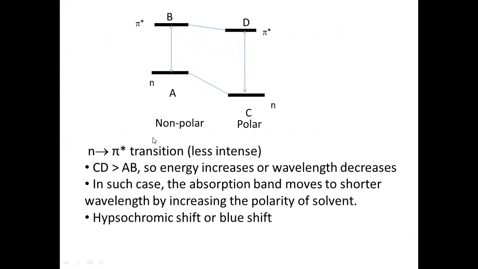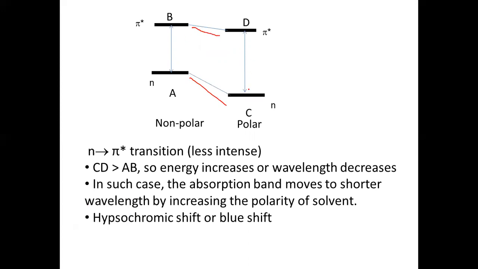Now, in a non-polar solvent, this is the energy level of the non-bonding orbital, and this is the energy level of pi star. The moment you dissolve it in a polar solvent, the non-bonding electrons are involved in hydrogen bonding with the polar solvent, and they are highly stabilized, so the energy is decreased too much. Pi star is slightly decreased because it's also polar.